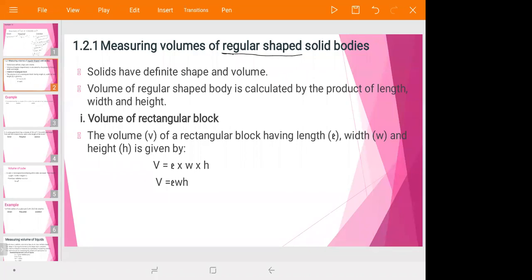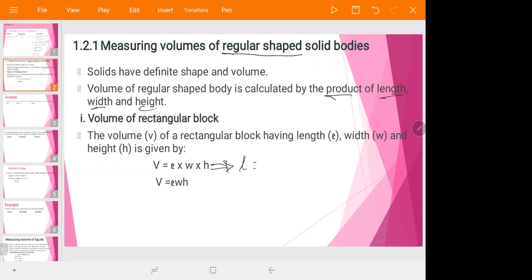So the volume of a regular shape is calculated by the product of length, width, and height, or you can say area times height. Volume is equal to length times width times height. From this one, you can find the length. What is the length from this formula?